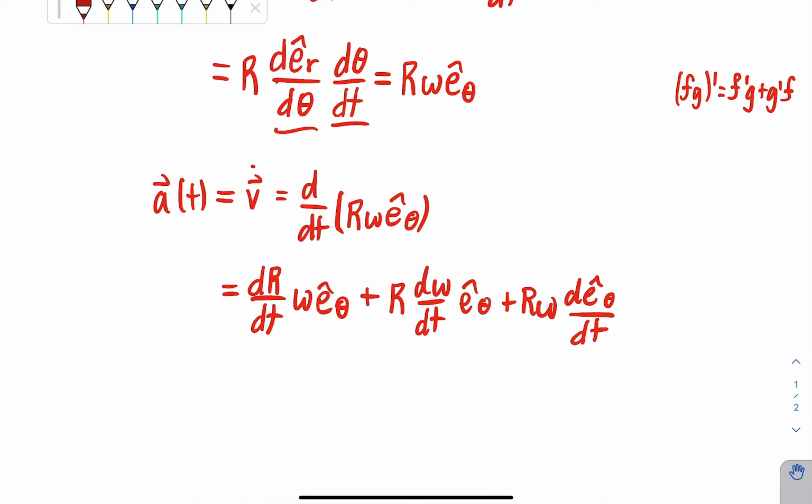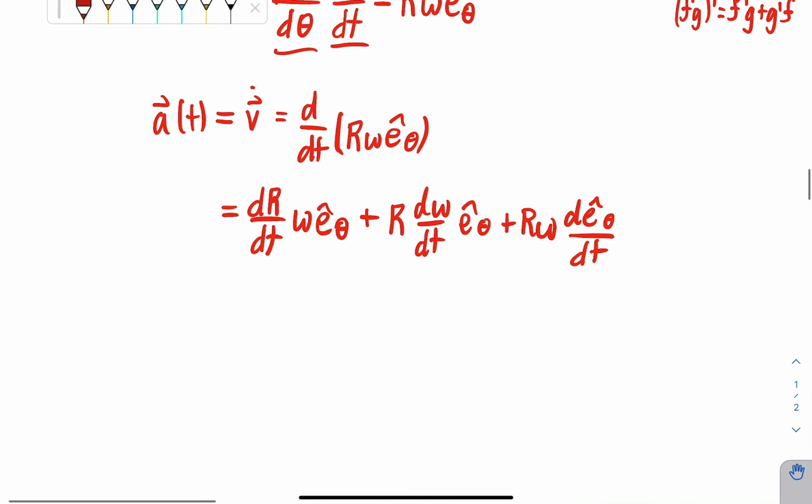Now, two of these are trivial. The next one is not. So what are we going to get? Here we simply get r d omega, because dr dt is 0, r is a constant, so we get 0 there. So we get r times alpha e sub theta, and that should make sense because here we're taking the derivative of omega with respect to time, and that is angular acceleration.